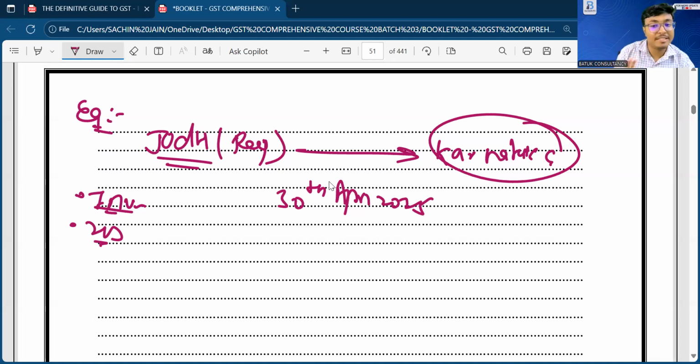If you check your GSTR 2B, you will find that purchase related entry. Let me know, sir, am I eligible to claim the input tax credit? The invoice is of 30th April, I have the invoice and the same is reflected in GSTR 2B, and my supplier has already filed the return and paid the taxes to the government. So sir, just let me know whether I will be eligible to claim the input tax credit or not.